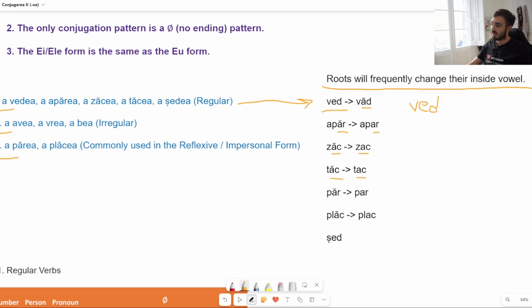You'll get vad, and you'll need to put an a here. The E changes to a.